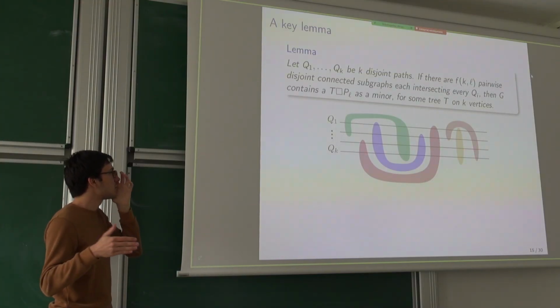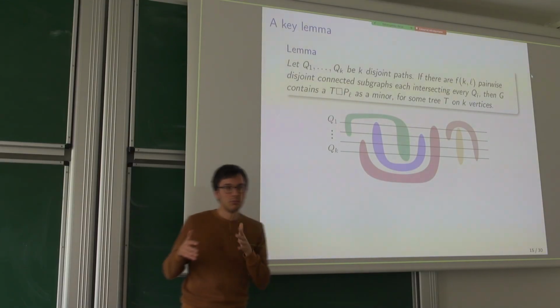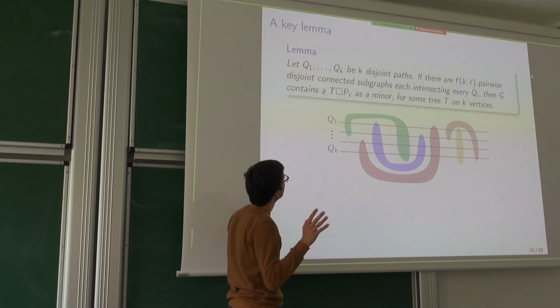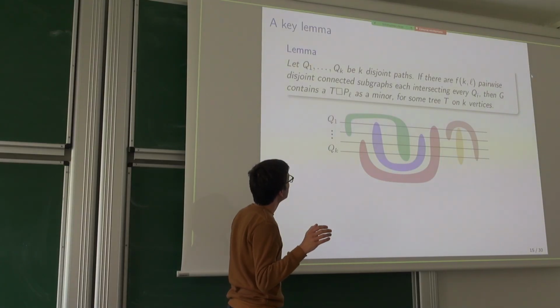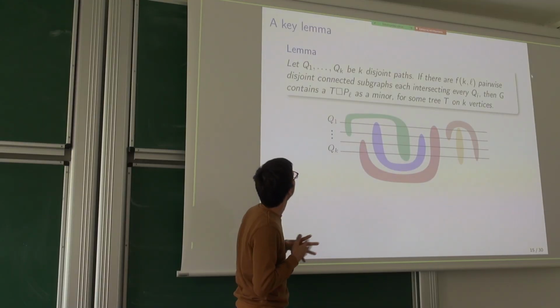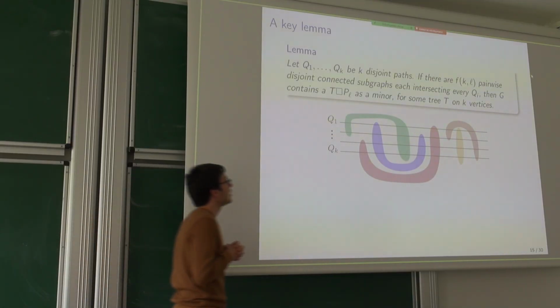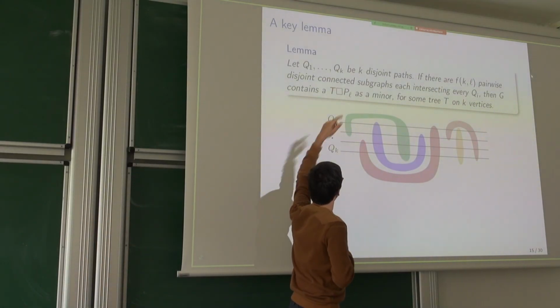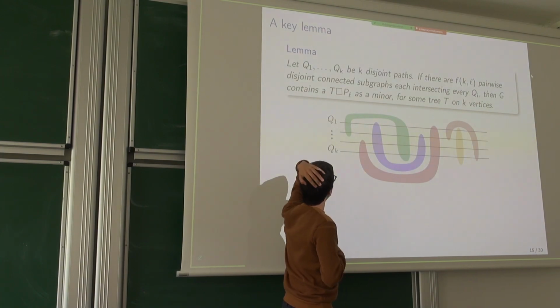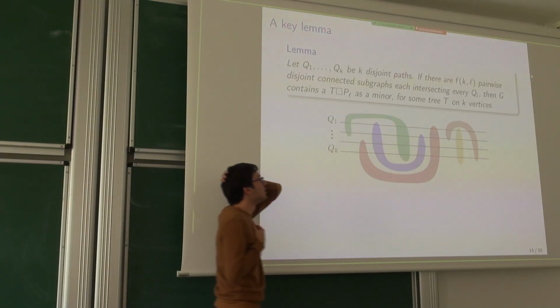And this lemma says that you can remove the assumption that they intersect the paths one after another. So if you have any family of k disjoint paths Q_1 to Q_k and any family of some function of k and L pairwise disjoint connected subgraphs, each intersecting every Q_i for i between 1 and k, then you find your obstruction T times PL for some tree T on k vertices.